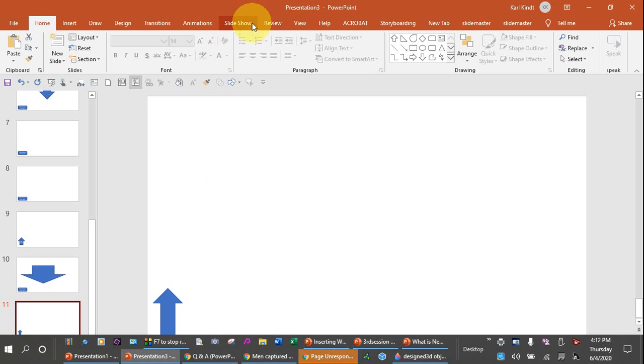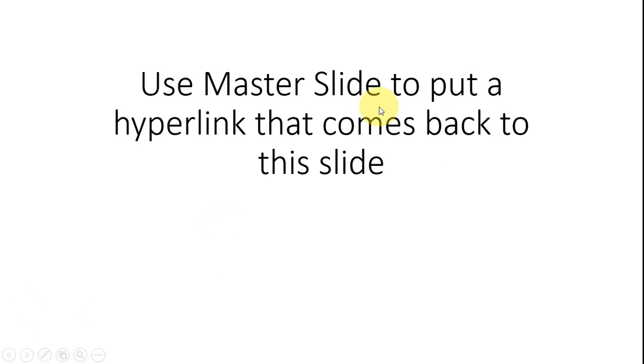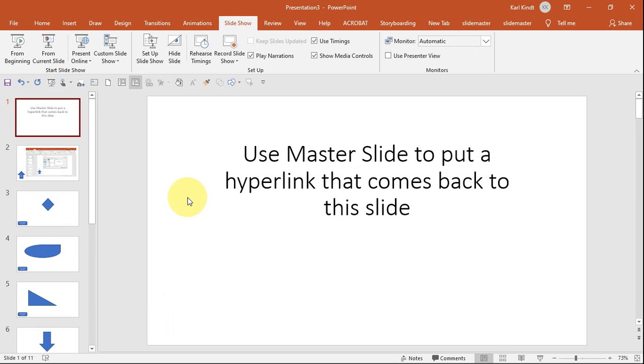So if I just preview this, go to slideshow from current slide, I click on it, and it takes me to the first slide of my slideshow. So that way you don't have to keep creating a new hyperlink on whatever slide you want to go back to your first slide in your slideshow.